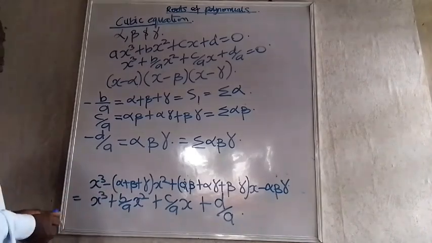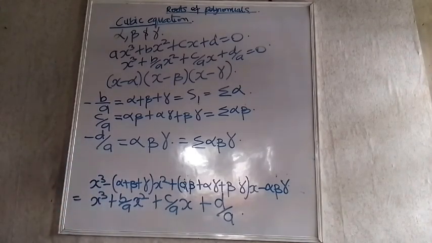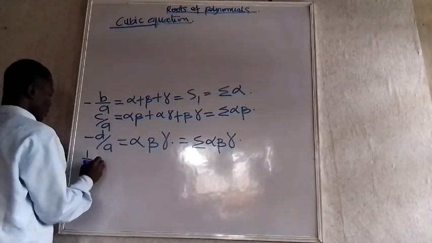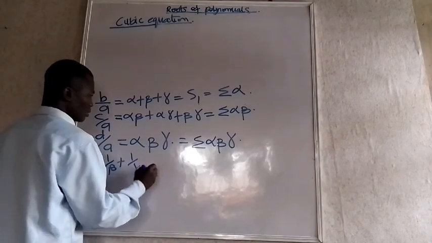Now, let's see some workings. At least we have known some of the practices. Let's see some of the workings you can handle from this. Now, let's look at the sum of the reciprocals, that is 1 over alpha plus 1 over beta plus 1 over gamma. What is this going to be?